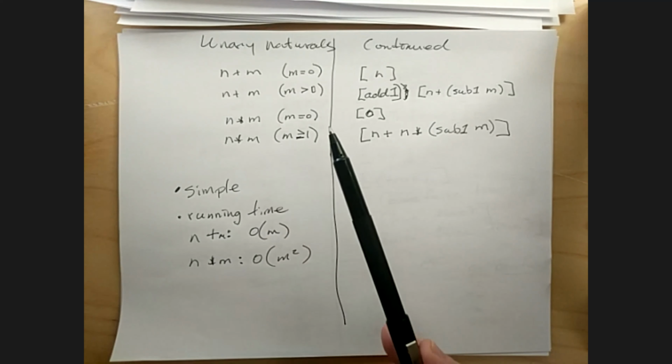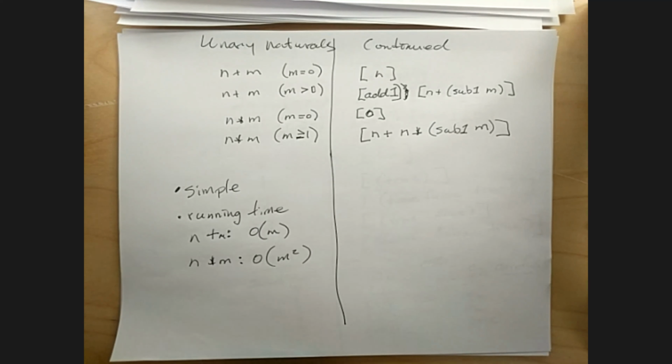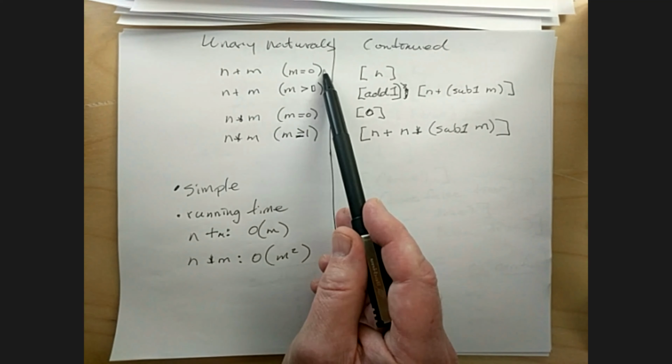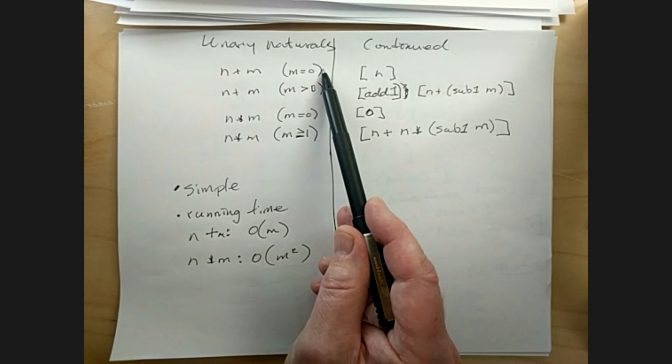Now, unary naturals are sufficient for me to prove that I can implement naturals using the lambda calculus, but they're not great for running time. If you have two numbers n and m, and you want to add them, this is going to have to do m operations.